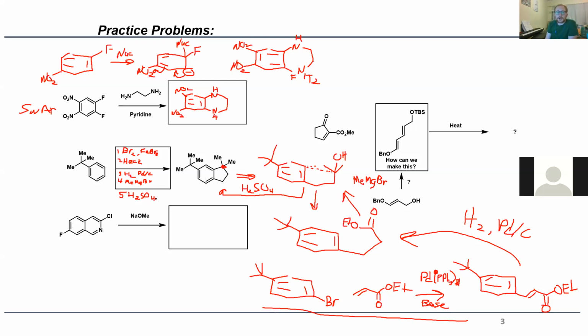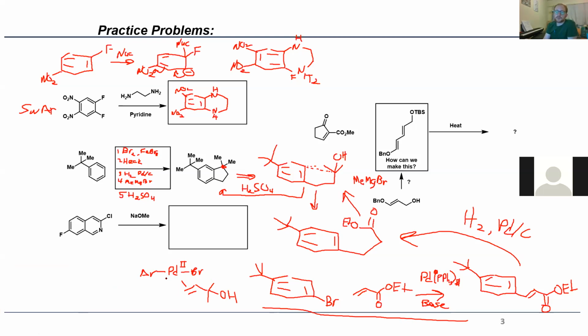Could we add the whole tertiary alcohol part by the Heck reaction? And so I assume by that you mean add in an alkene that looks like this. This would be tricky. And the reason for that is we will recall that the bond forming step in the Heck reaction, so the first step is an oxidative addition to form palladium-2 with our aryl group and our bromide, and that coordinates the alkene.